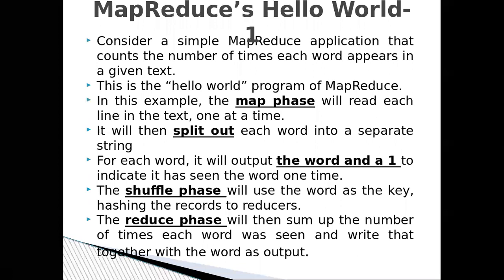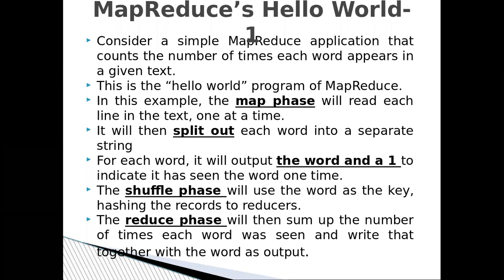That is how we talk of the MapReduce phases in theory. So let's now discuss a program which would make it more clear for you to understand the map, shuffle, and reduce phase. Consider a simple MapReduce application that counts the number of times each word appears in a given text. This is the word count problem of MapReduce.